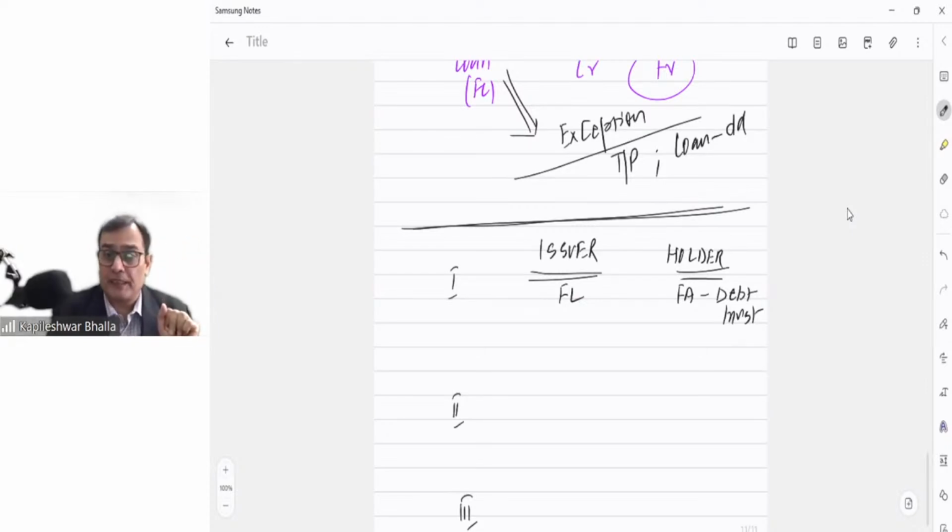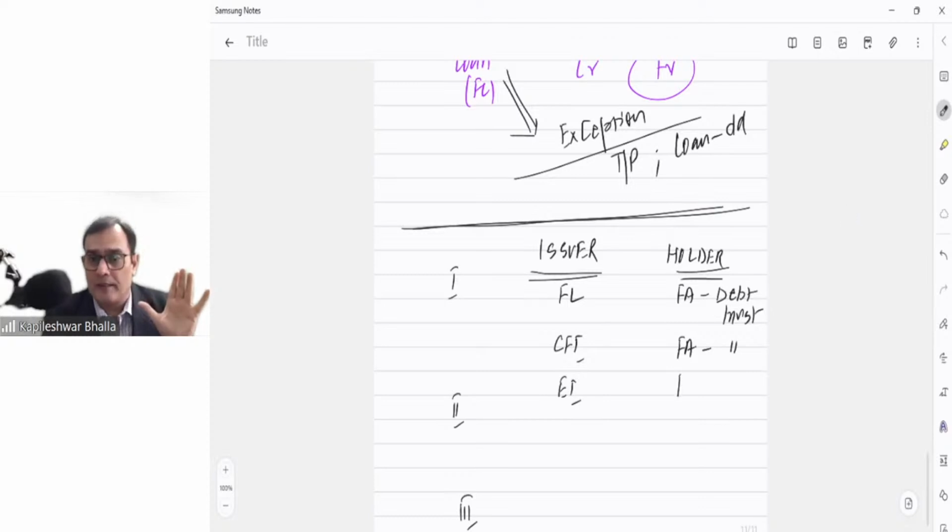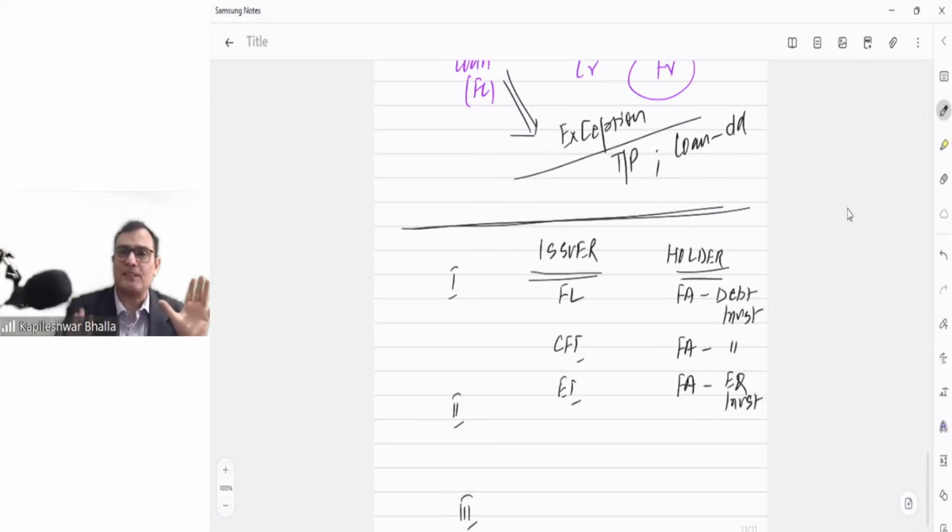If from the issuer point of view, the instrument is a compound financial instrument, the holder will say it's again a financial asset debt investments. But if from the issuer point of view, it's an equity instrument, then I'm going to call it, as a holder, a financial asset equity investments. Got the point in step number one?